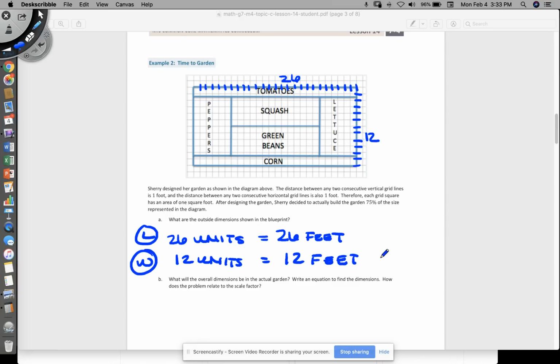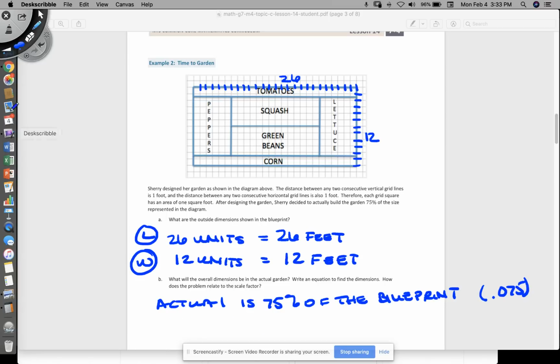What is the overall? Well, remember she made the actual garden in her backyard, and the actual is 75% of the blueprint. Okay, so let's not forget about this information because this comes back into play. So I'm going to take 75%, which we know is 0.75, and I'm going to multiply it by both those numbers.